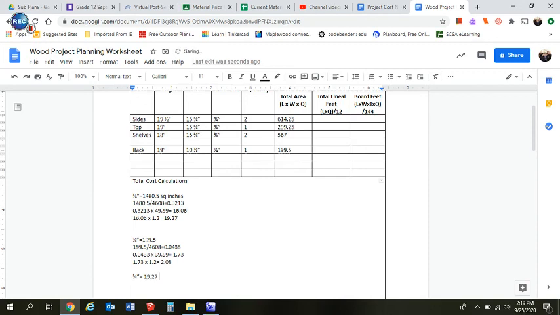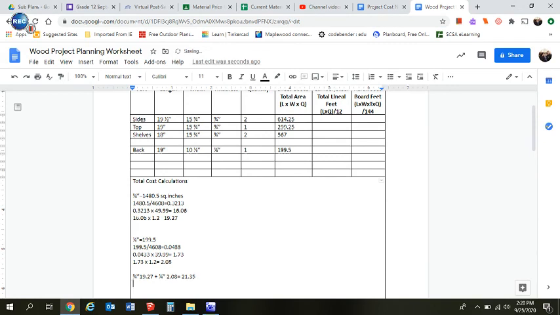We're then going to add our 1/4 inch cost, which was $2.08. So we add that, and we get $21.35.